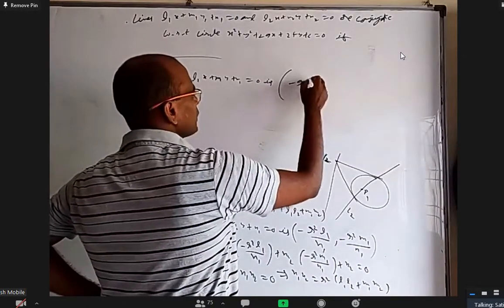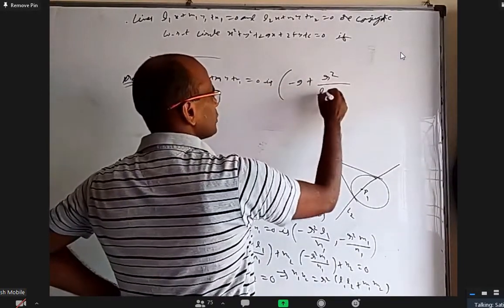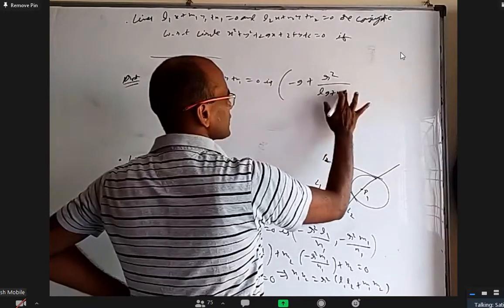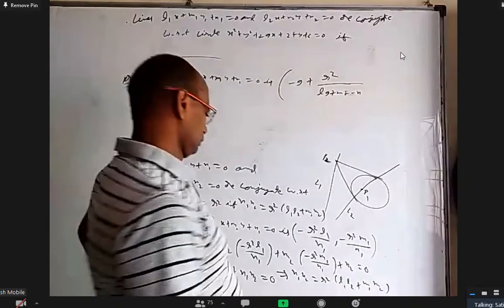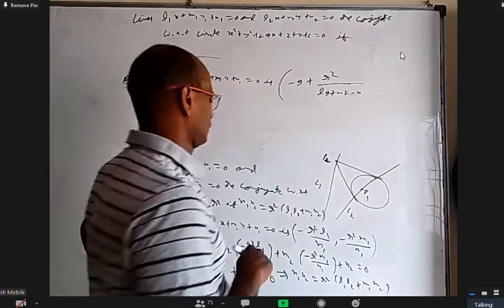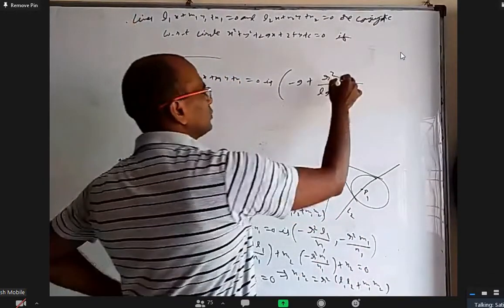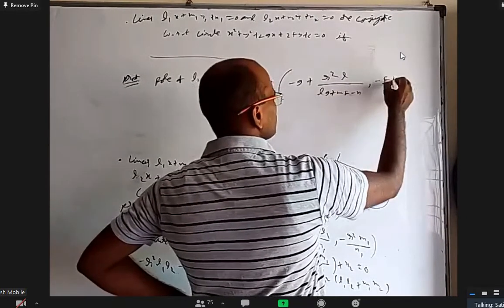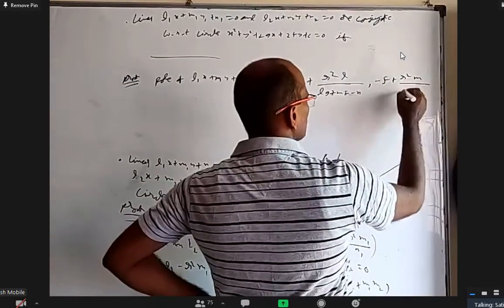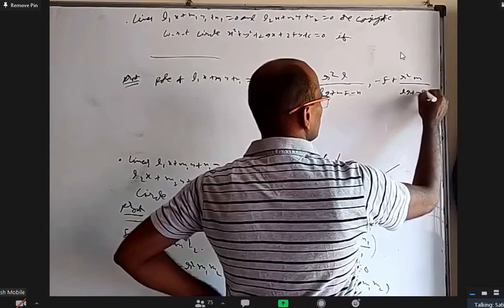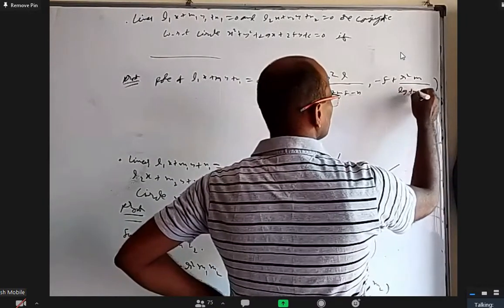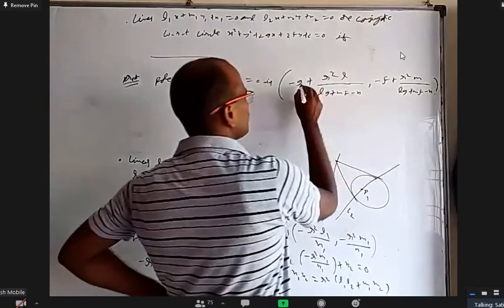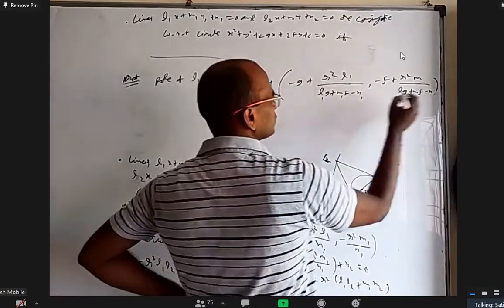Minus g plus r square L by (Lg plus mf minus n), minus f plus r square m by (Lg plus mf minus n). Everywhere you have to put L1, M1 and N1.